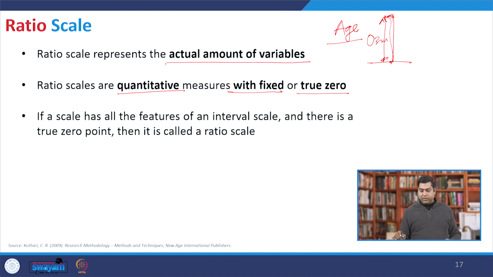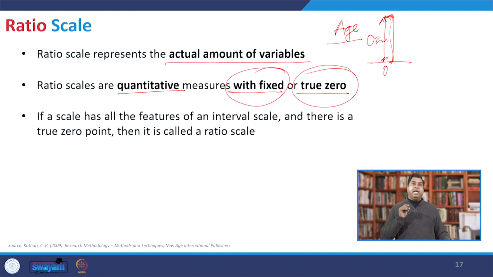So, in this particular case 0 indicates certain kind of absence of that attribute, that is why the ratio scale has a fixed or true zero value, which is not the case for the interval scale where values are possible even below 0. So, for the temperature and all.